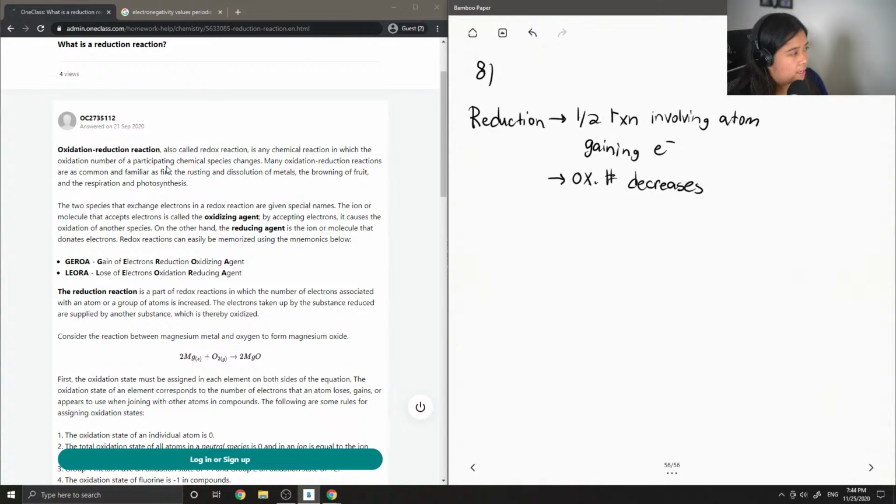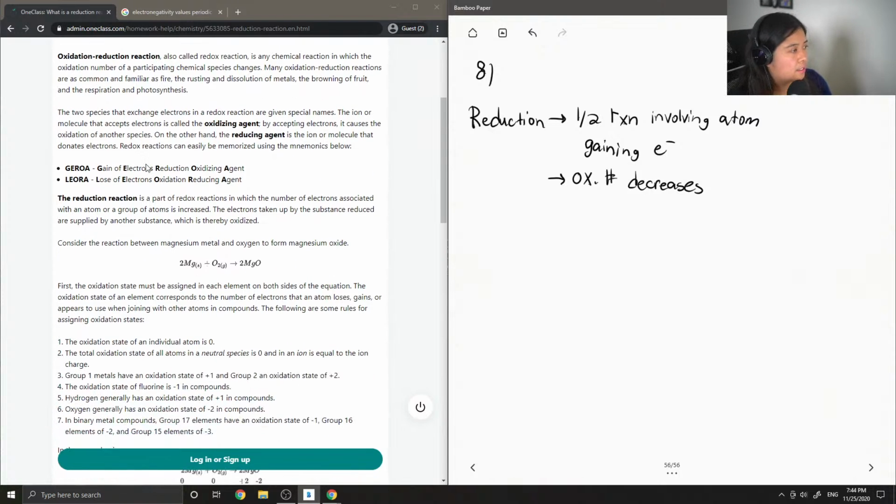Oxidation reduction reaction, also called redox reaction, is any chemical reaction in which the oxidation number of a participating chemical species changes. Many oxidation reduction reactions are as common and familiar as fire, the rusting and dissolution of metals, the browning of fruit, and respiration and photosynthesis.